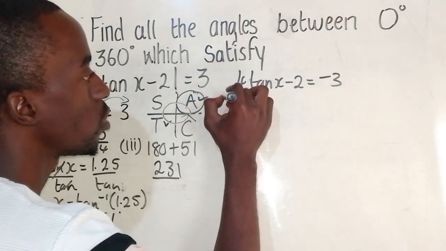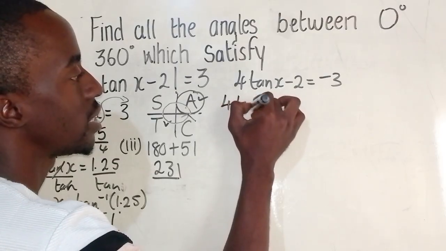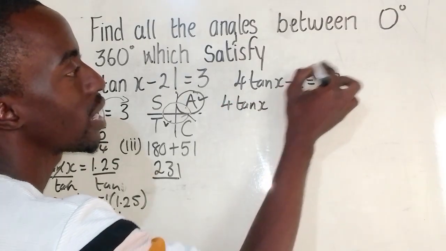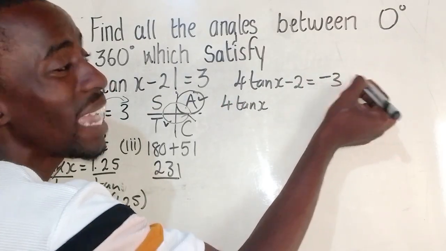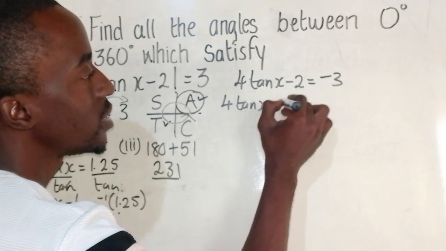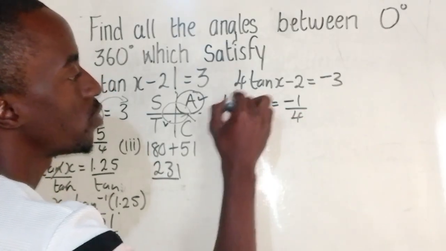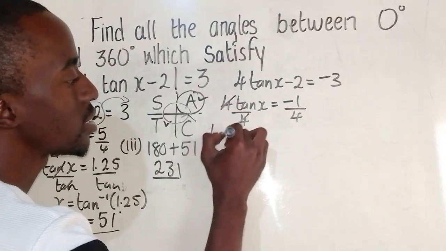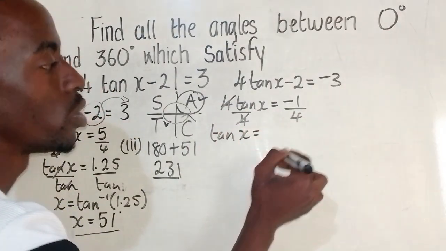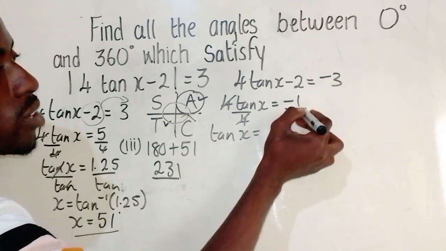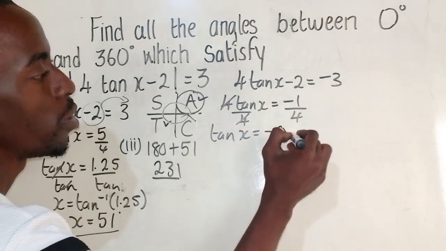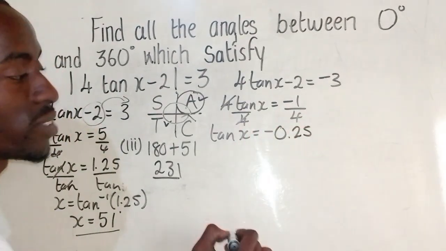So it will be 4 tan x, and when this one comes here, it will be negative 3 plus 2, which gives me negative 1. So you divide by 4, and by 4 you cancel out. So tan x is equal to negative 1 over 4, which is negative 0.25. You have seen that?